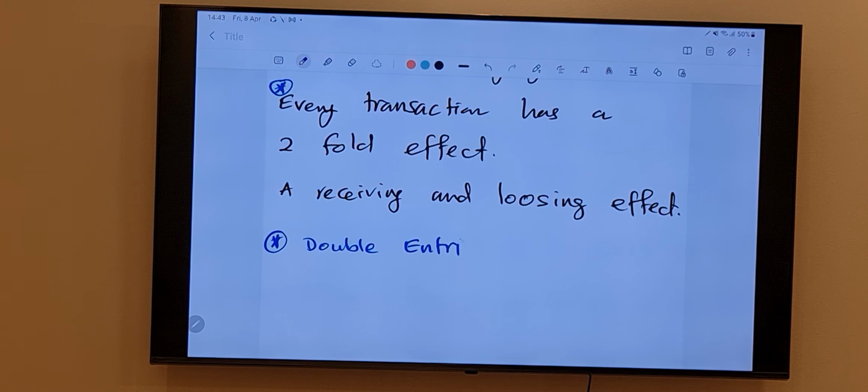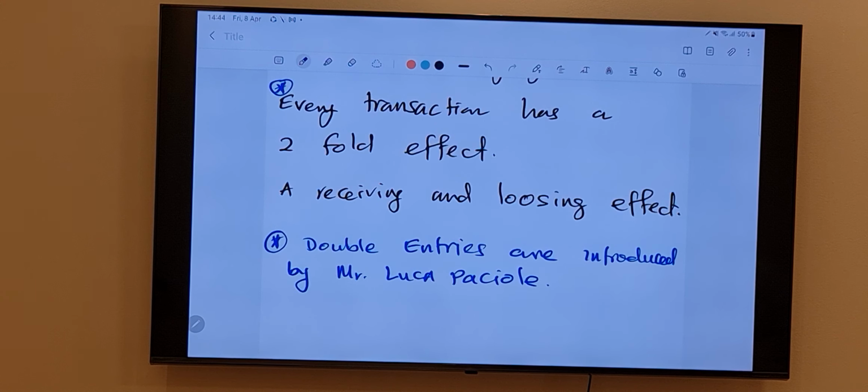Double entry was introduced by Mr. Actually, we had a discussion last class that double entry was introduced not by Luca Pacioli, but by a Muslim person.